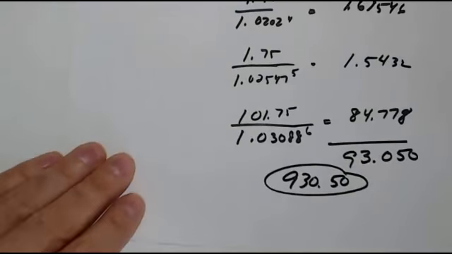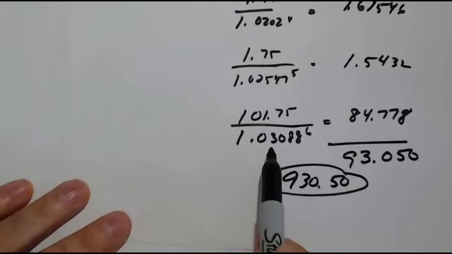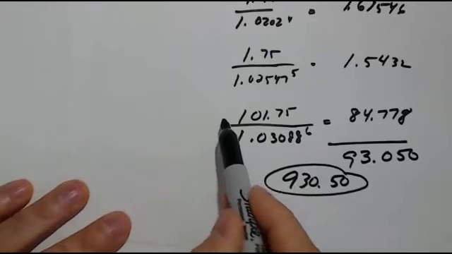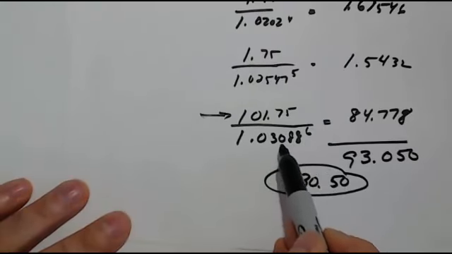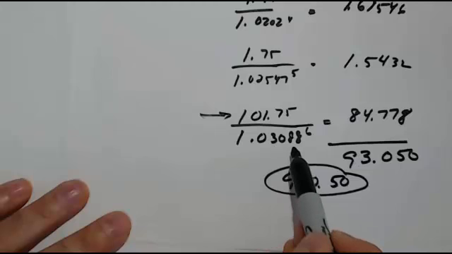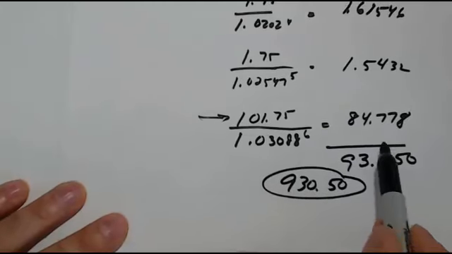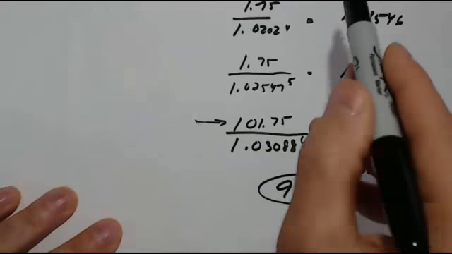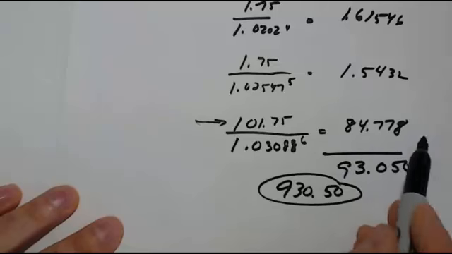Okay, so when I get done calculating the value of this bond, notice that since this is the biggest cash flow and it has the most periods, not rounding this discount rate too much is important. And so I got the present value of the last 2 cash flows combined are worth $84 and change.